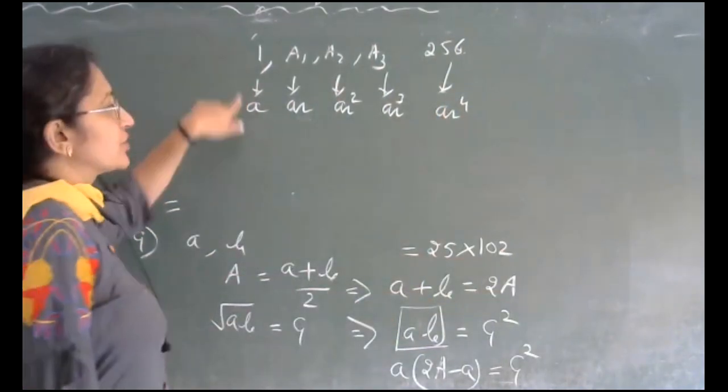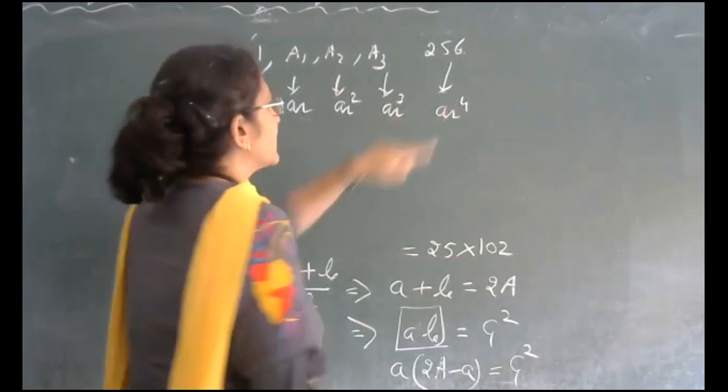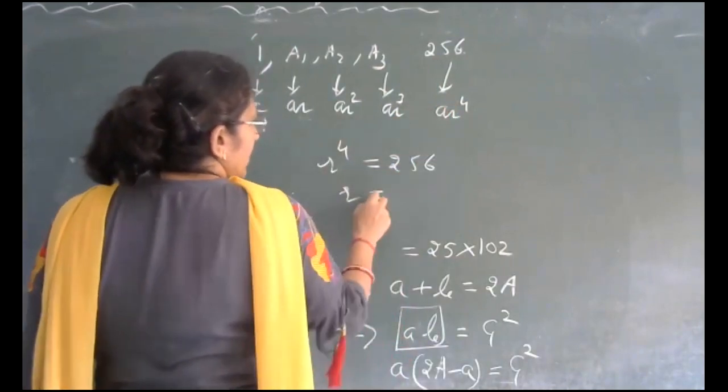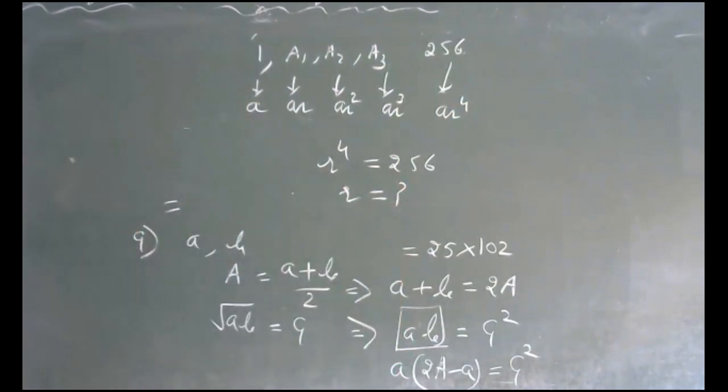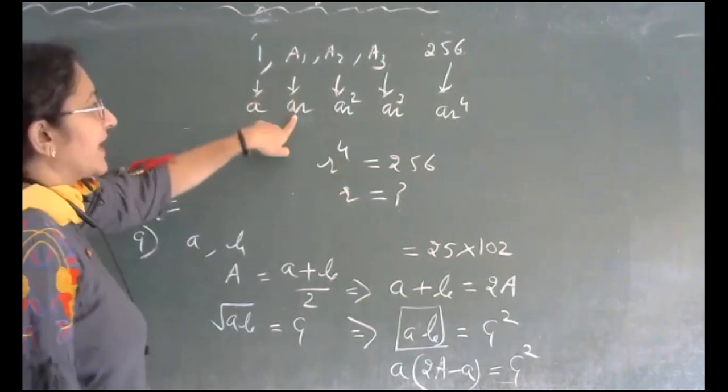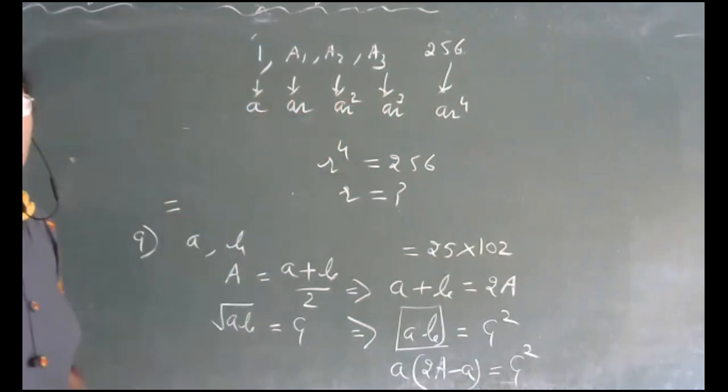So from here substitute the value: r raised to power 4 is equal to 256. From here find the value of r. You know the value of a, and you will get the value of r. You can find ar square and then ar cube.